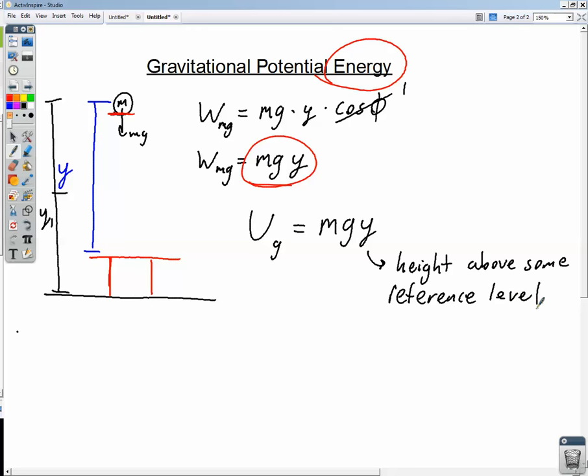Okay, so if we're talking about the gravitational potential energy of this object because it's going to fall to the table, the most convenient place would be to make the table our reference level. That's where y equals 0. And then our height above the table is just going to be that distance y, the blue line right there. If we're talking about the ball falling to the ground potentially, then it would probably be most convenient to make this our 0 level.